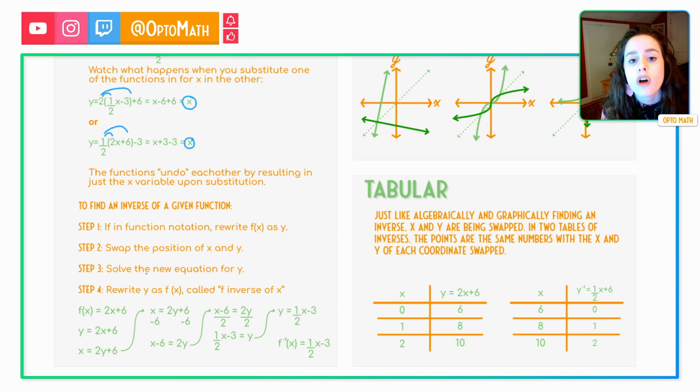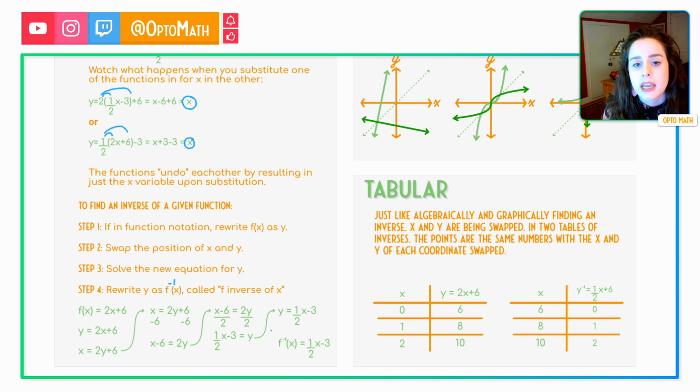Step 3 is to solve your new equation that you just got from swapping x and y for y. And step 4 is to rewrite your y as f inverse of x. So that looks like a -1 right here. So f inverse of x is like a -1 that looks like an exponent. It's not an exponent, but it's up as a superscript like that.